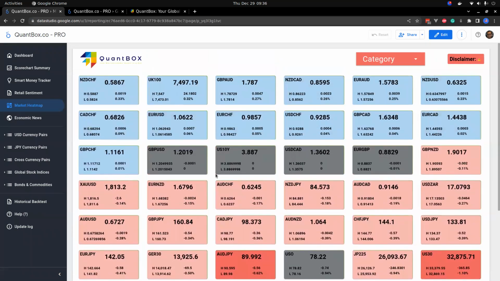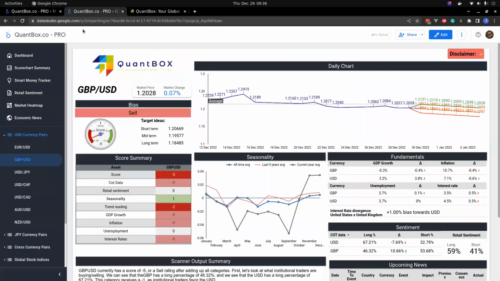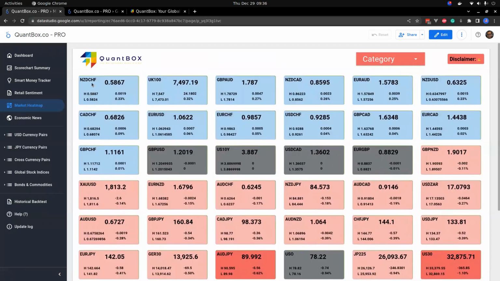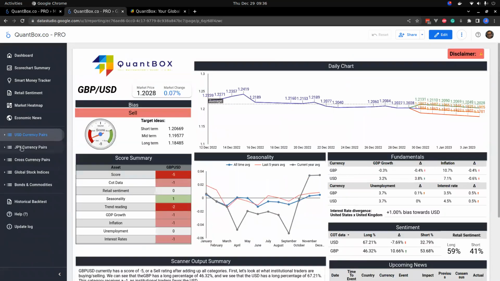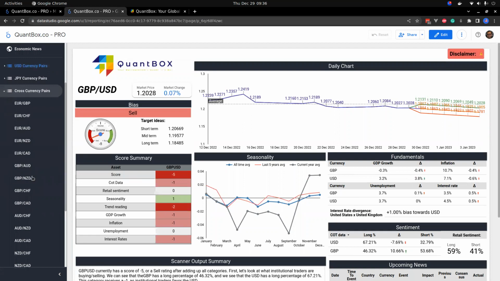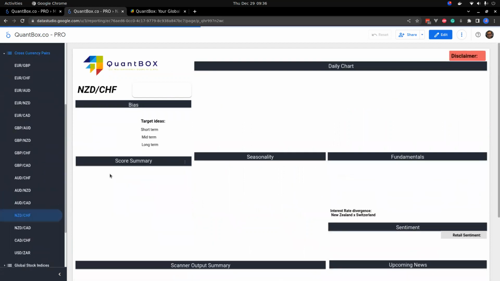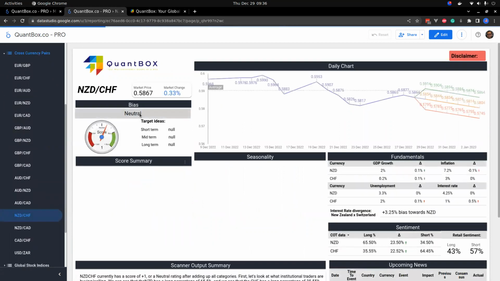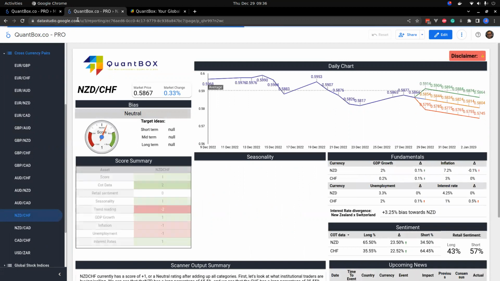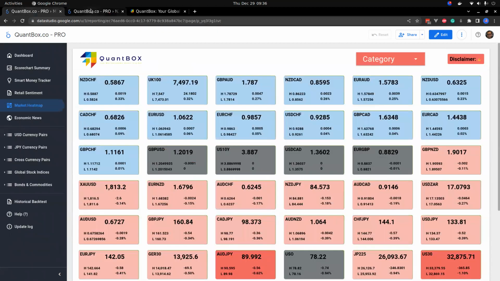Now, what we can do is, instead of just looking at the market heat map by itself, we could match this up with fundamental bias on our overall bias for a specific pair. So taking a look at Kiwi Swissy, if we look down here on our cross currencies, we can see the Kiwi Swissy currently neutral on our overall bias, but quite a large mover.